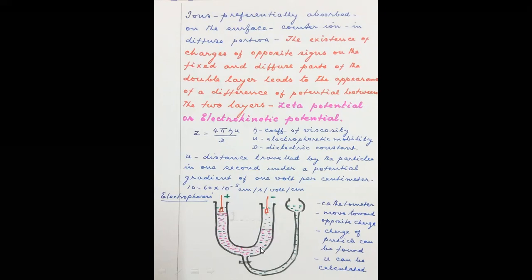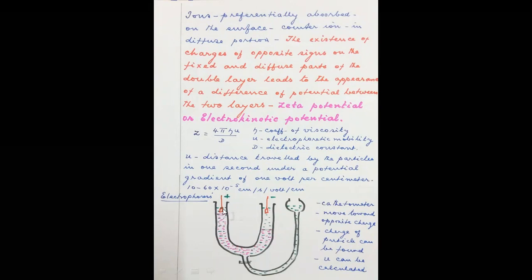If the colloidal particles are negatively charged, then the colloidal particles will move towards the positively charged electrode. You can see from this line onwards the colloid begins, and this is only the solvent, the dispersion medium. Originally the solvent and the colloid were at the same level, because all fluids will maintain the same level.